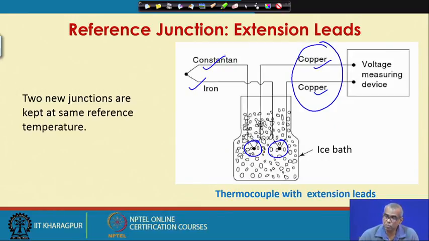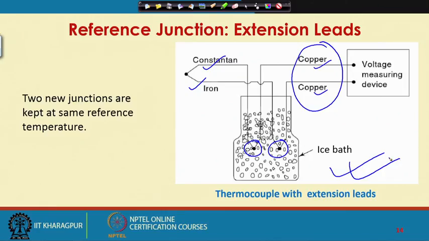So, we will make use of extension leads which are made of different metals. Ideally, we should use materials for making extension leads which have similar thermoelectric behavior as the thermocouple materials.